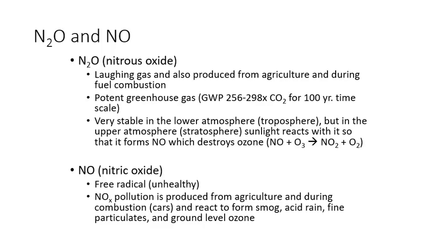Nitric oxide is a free radical, and NOx pollution, which includes nitric oxide, reacts to form smog, acid rain, fine particulates, and ground-level ozone, which is pretty bad. So human activities that increase microbial rates of denitrification and nitrification have global consequences.